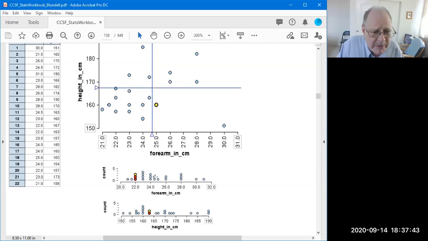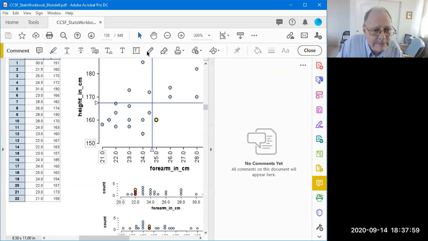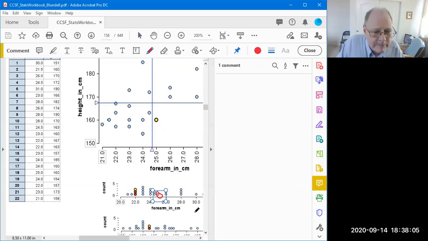So those two people must be the two dots just to the left of our guy. Okay. So where's our guy? He's that one.